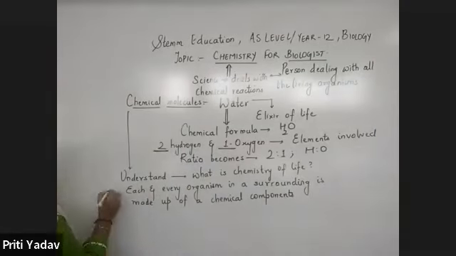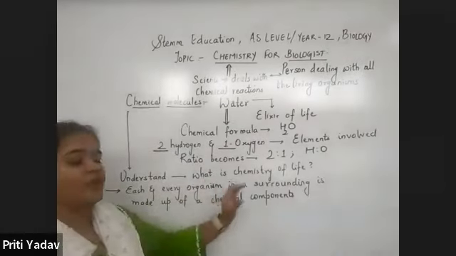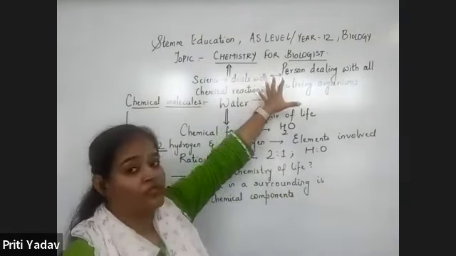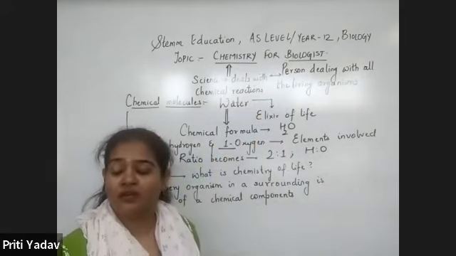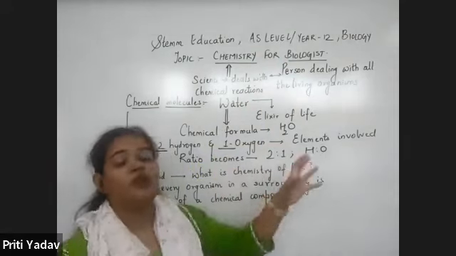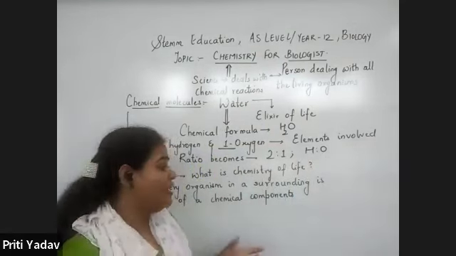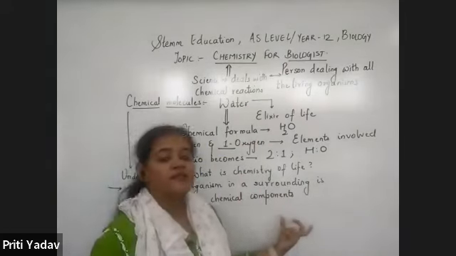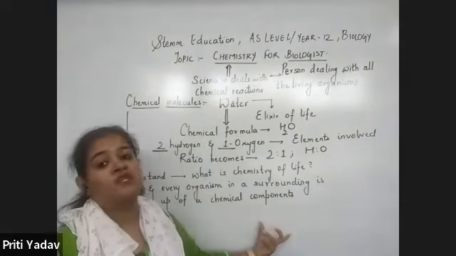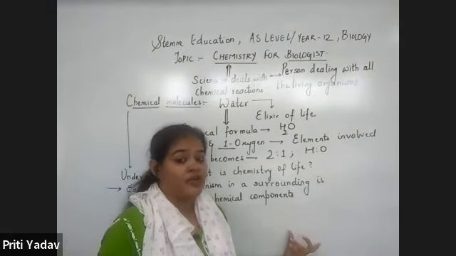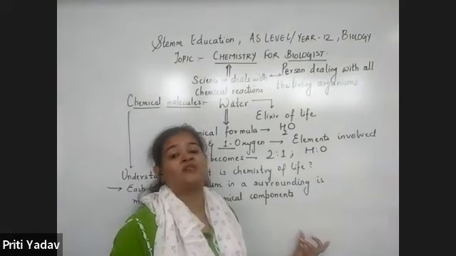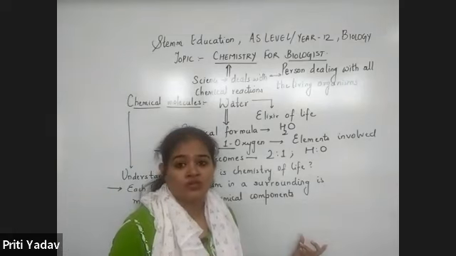So we can understand that when we talk about biology, it is only about living organisms. But when we talk about chemistry for life, including non-living things, each and every organism in a surrounding is made up of chemical components, each and every molecule, each and every atom which is near or in the surrounding of yours.